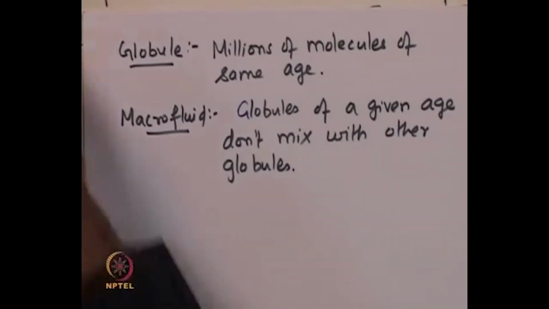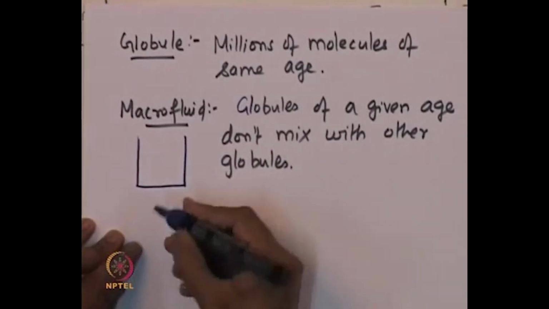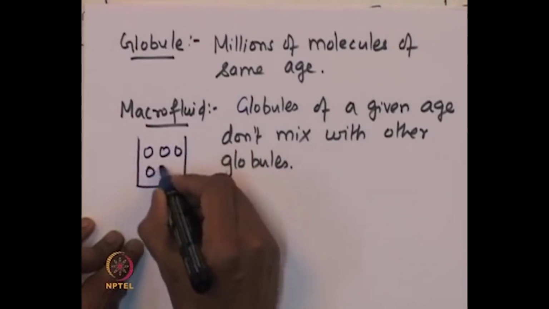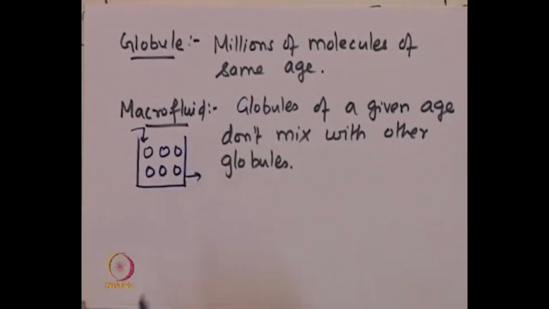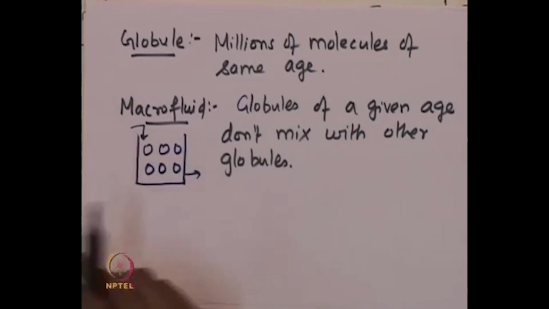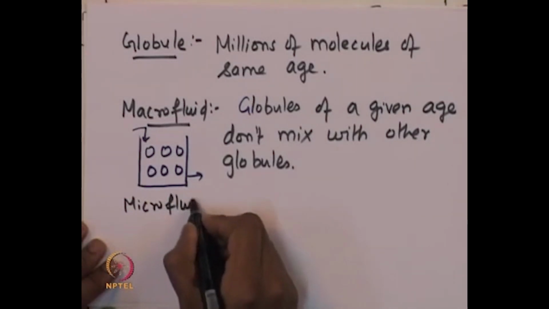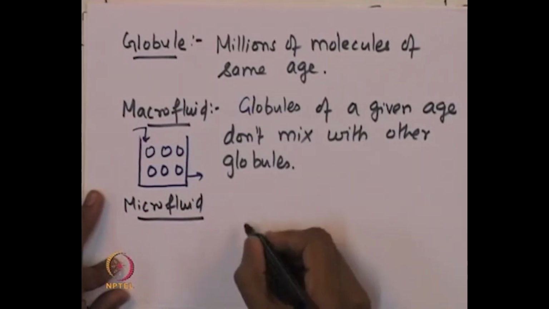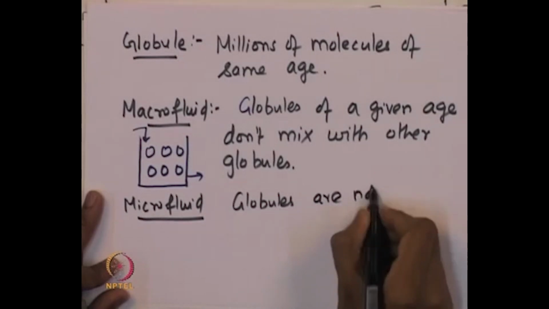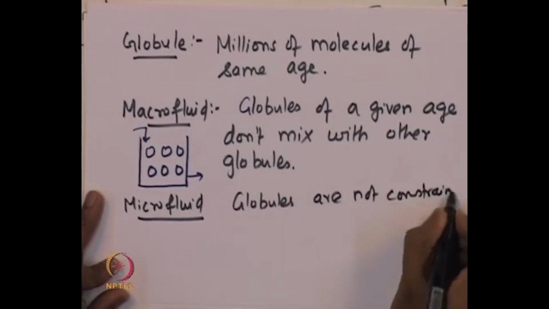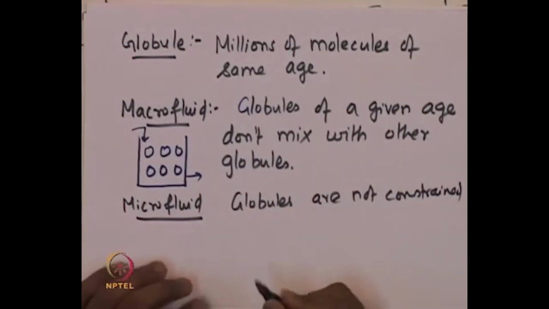One can visualize this as a reactor in which there are globules that continue to maintain their identity and do not interact with each other. Another type of fluid is the microfluid, where the globules are not constrained, and in fact they can freely mix with any other globules inside the reactor.